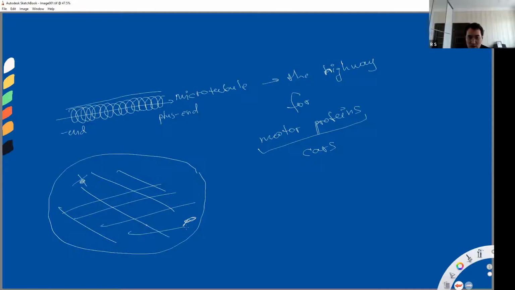So it moves on top of the microtubules, using this mesh of microtubules, and gets to the place. In this case, our mitochondrion is a cargo, and it is delivered to a destination, okay?